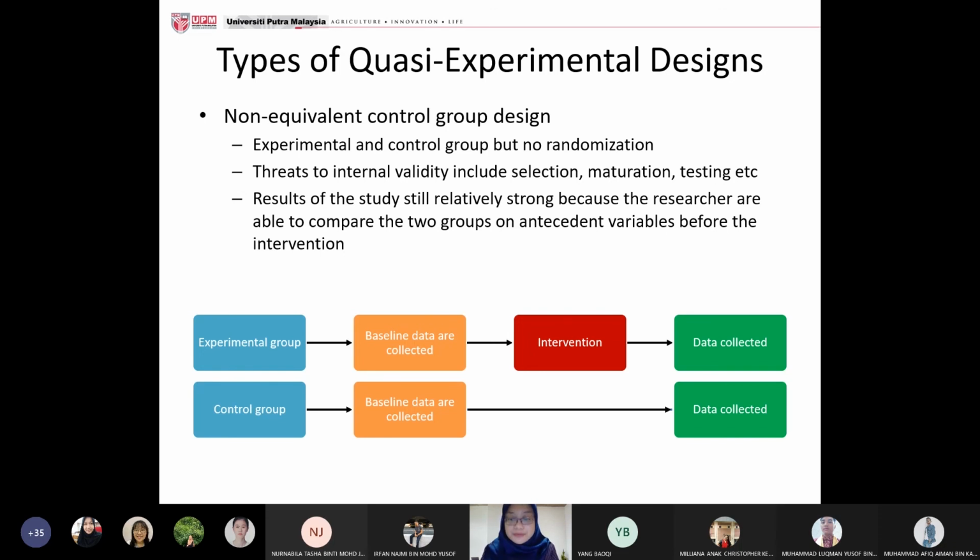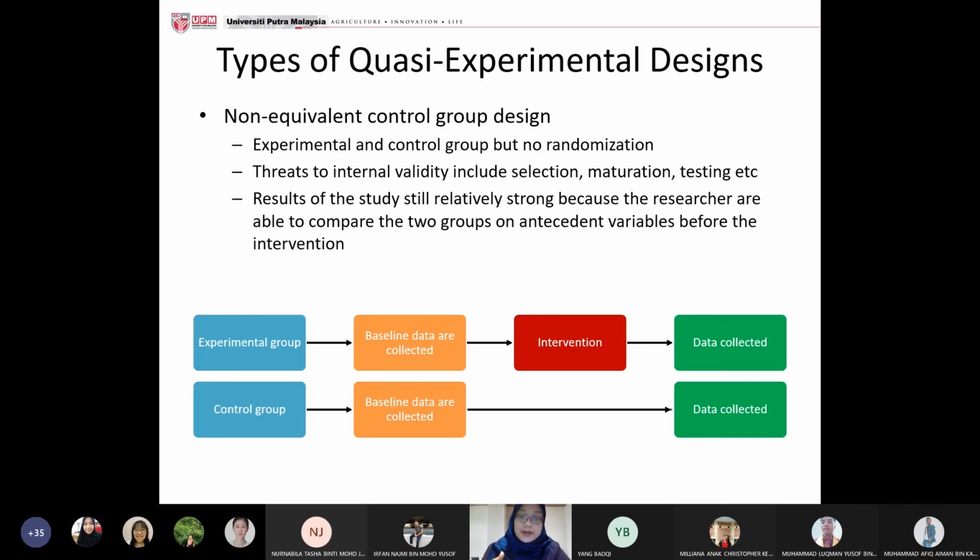So you have no choice, you have to use every one of them, and you cannot randomize the sampling. So it has threats to internal validity because you cannot randomize. But the results are still very strong because you have your control group, so you can compare one with the other.